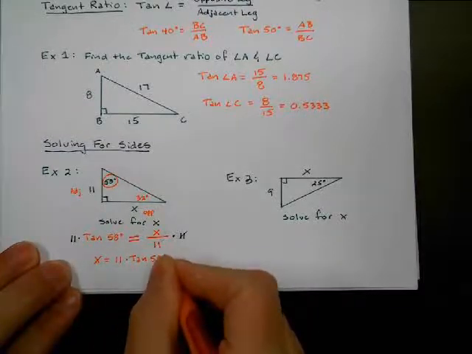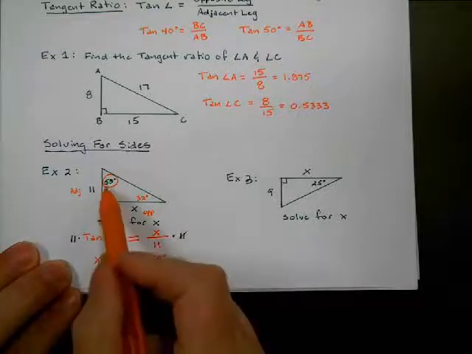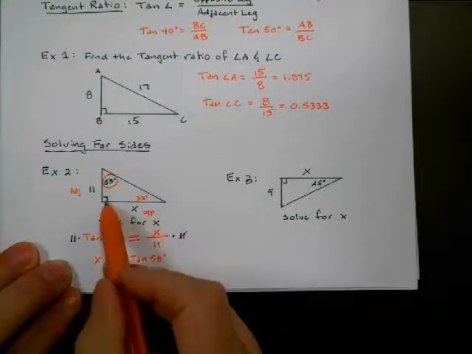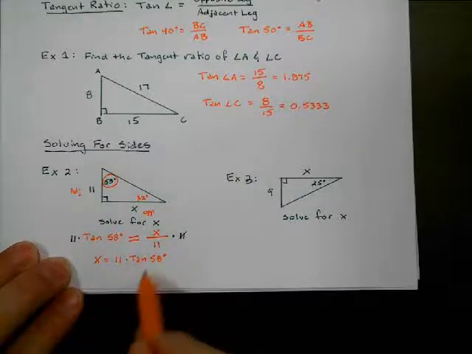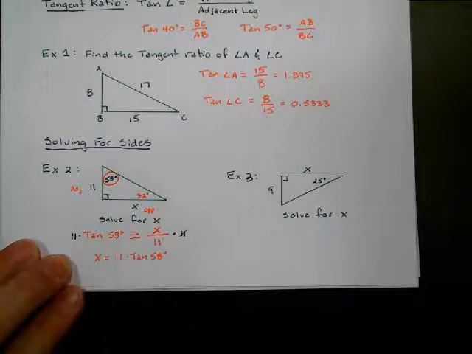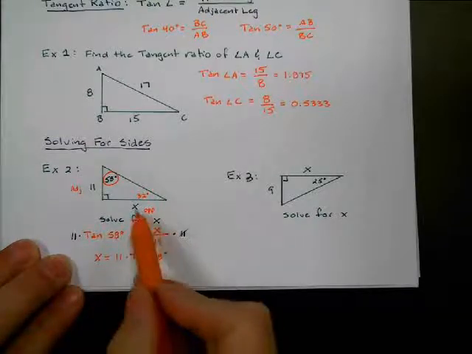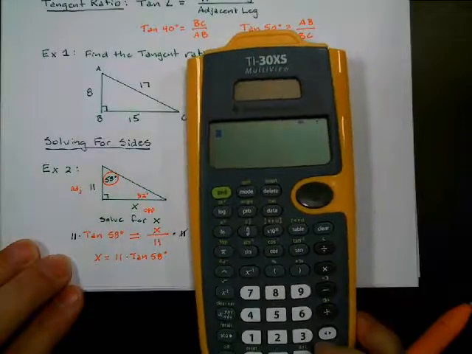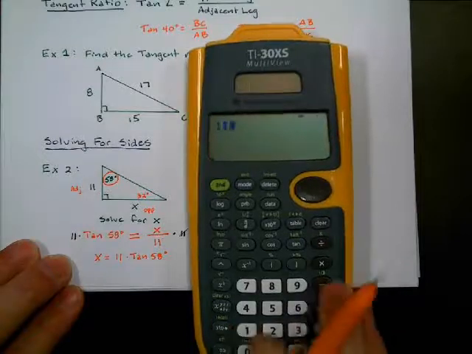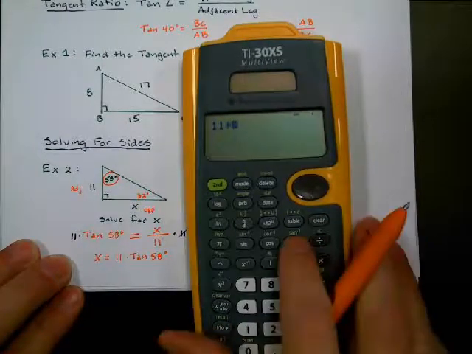Any triangle that has 58 degrees in it and 90 here and 32 here is going to have the same scale factor because they're similar. So this is like the scale factor. So I can just multiply 11 times that scale factor, and that should give me this size right here. Now your calculators have all this built in. So we can just do 11 times tangent 58.